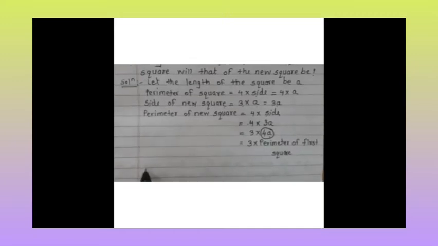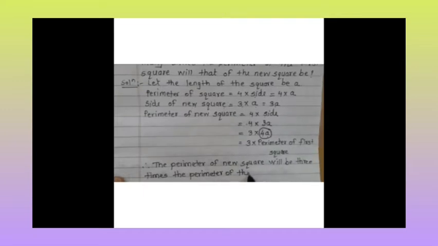Therefore, the perimeter of the new square will be 3 times the perimeter of the first square.